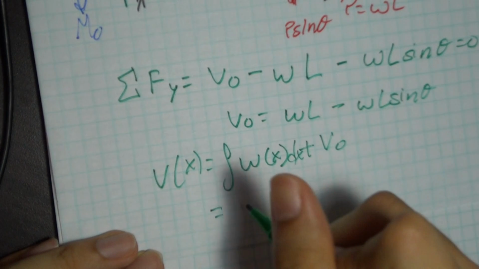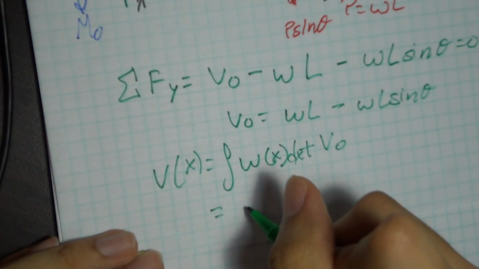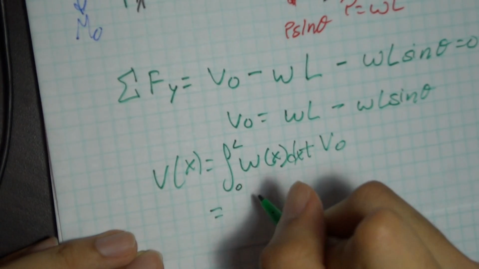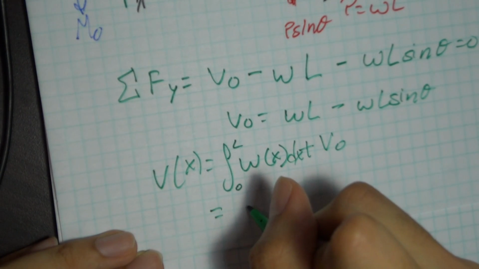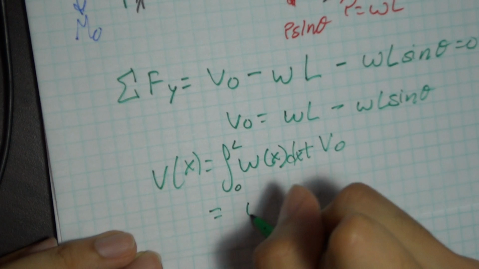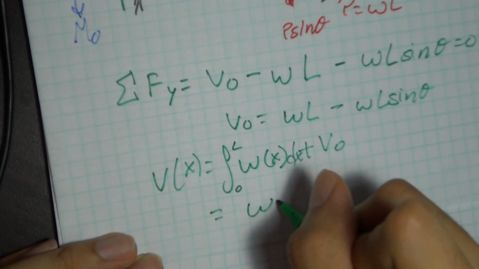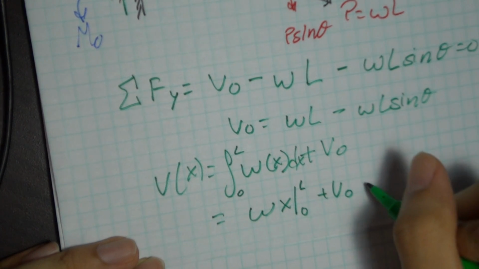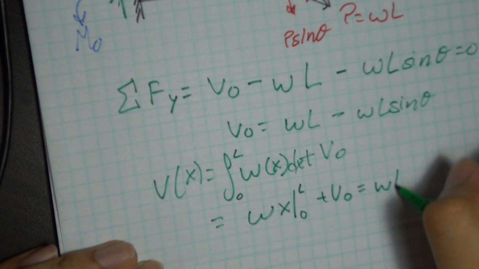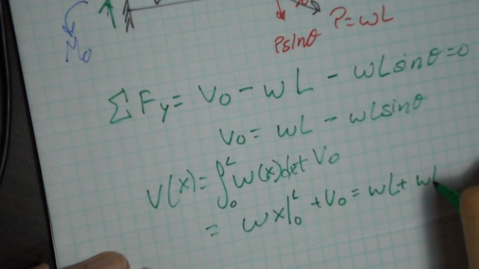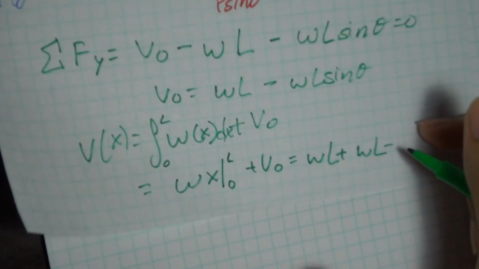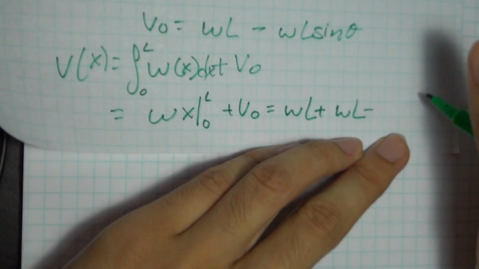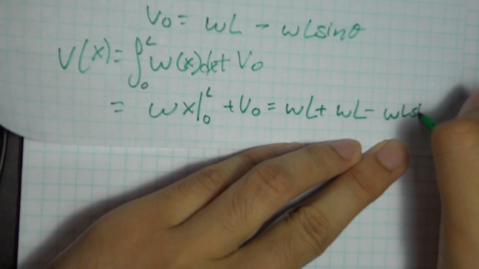So this is from 0 to L. It's just going to be W x from 0 to L plus V naught. And this is going to be WL plus WL minus WL sine theta.